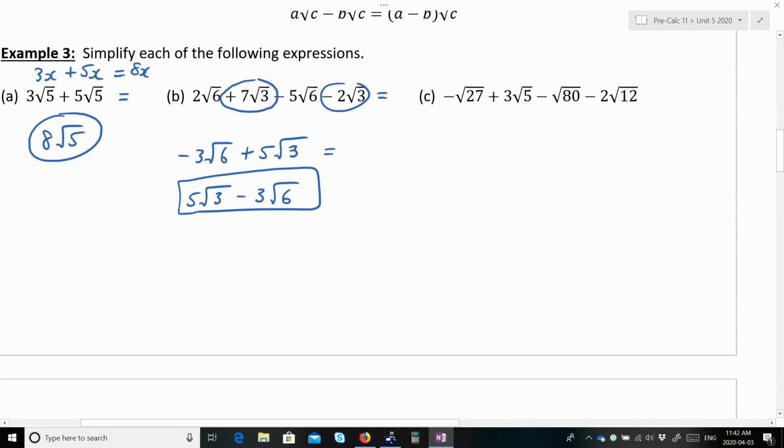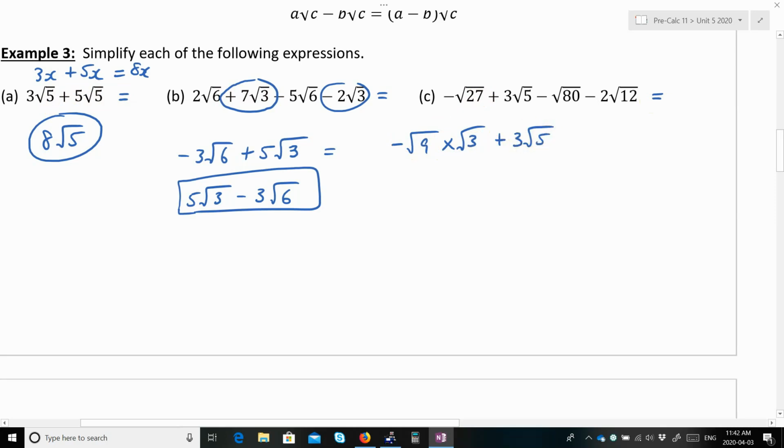In part C here, what we have to do first, guys, is make sure that all of our radicals are in simplest radical form. You'll notice that in A and B, we already had simplest radical form. Can't divide out any perfect square factors out of the root 5 or the root 6 or the root 3. But in letter C here, we can simplify negative root 27. It is the square root of 9 times the square root of 3.